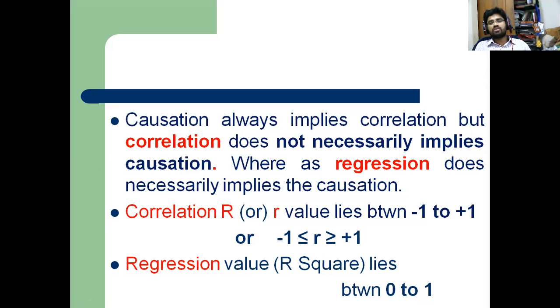Please keep in mind these words. I'm repeating: our correlation value lies between -1 to +1, whereas the regression R square value lies between 0 to 1. It cannot be more than 1, and we cannot get an R square value in the negative.